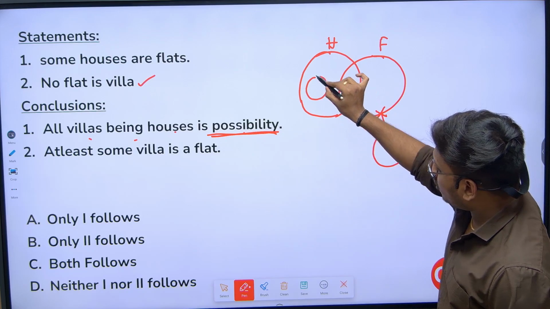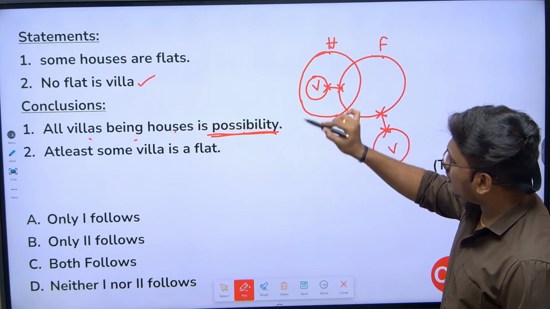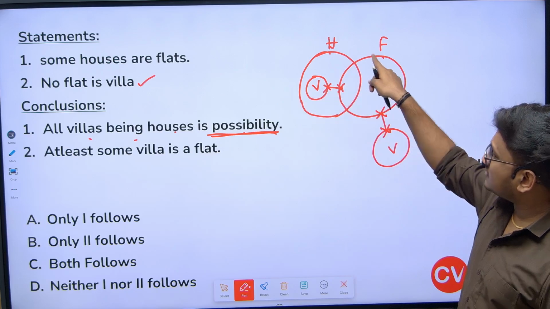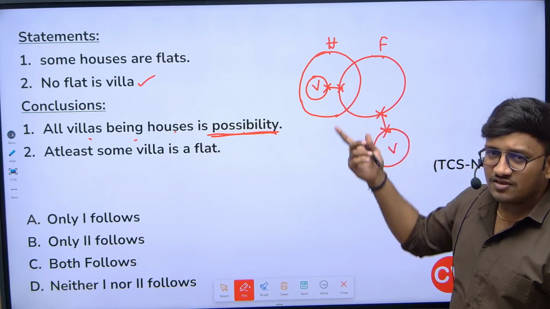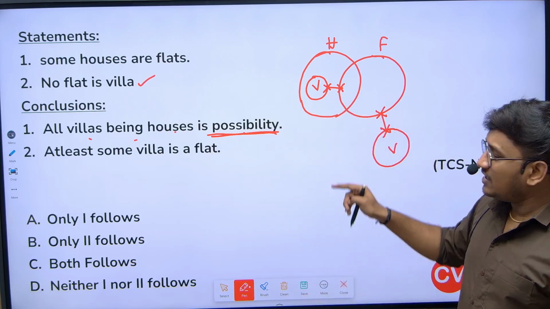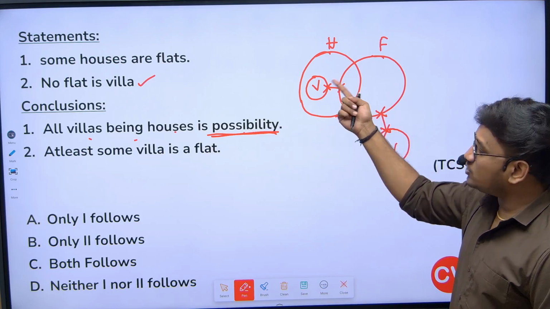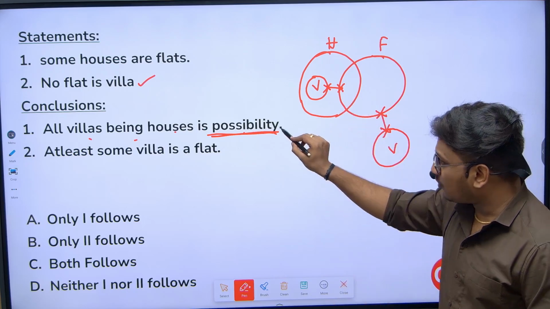What if I draw villa like this? This villa and flat circle should not touch each other, right? If you observe, some houses are flats, condition clear. No flat is villa, flat is not touching villa, so the condition is satisfied. Is it possible to draw? Yes, of course. All villas being houses is a possibility without touching flat. So it is a possibility.